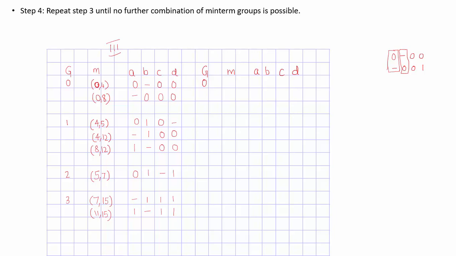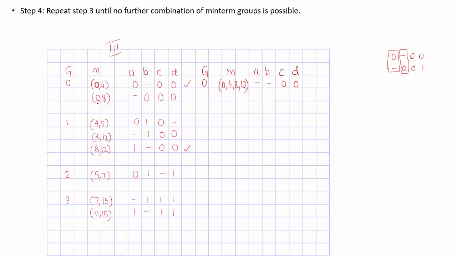So in group 0, the first member will be 0, 4, 8, 12. B was already dash, CD were 0, 0, and only A was getting changed from 0 to 1. So you will write dash in that place and put a check symbol next to 0, 4 and 8, 12.